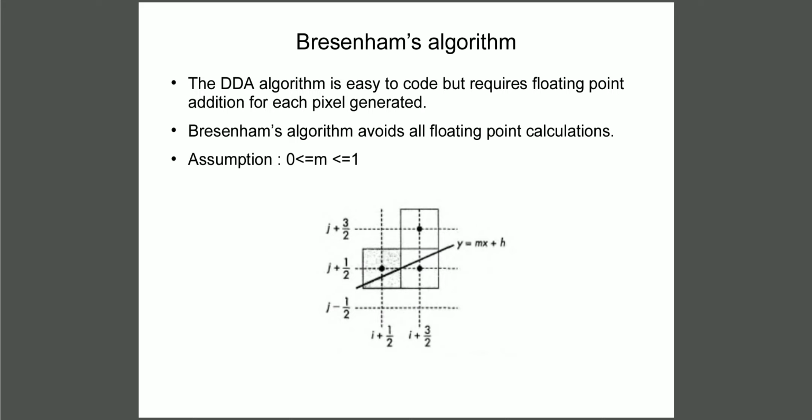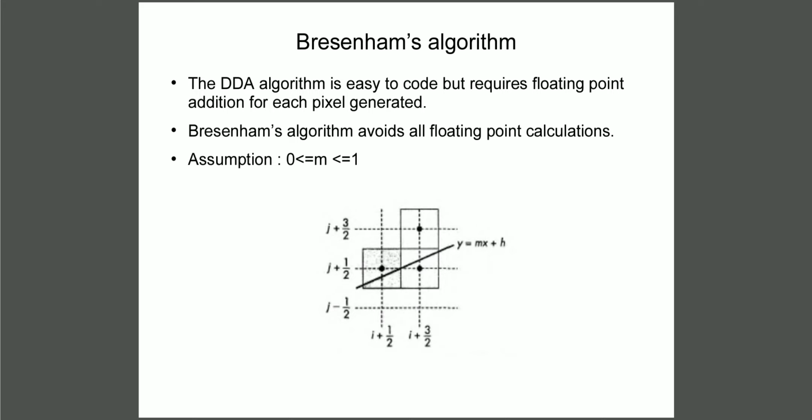So we are at the pixel (i + 1/2, j + 1/2), but we need to update the remaining pixels until the next vertex of the line segment, and we have two options in the next step, that is (i + 3/2, j + 1/2) and (i + 3/2, j + 3/2).